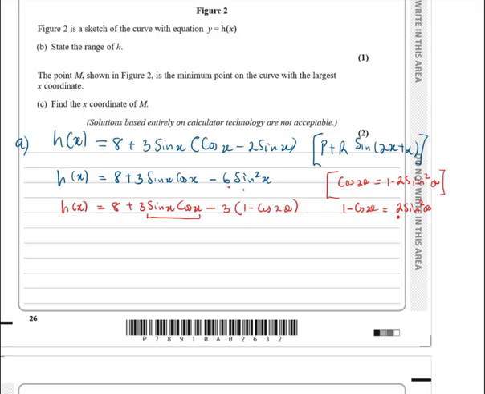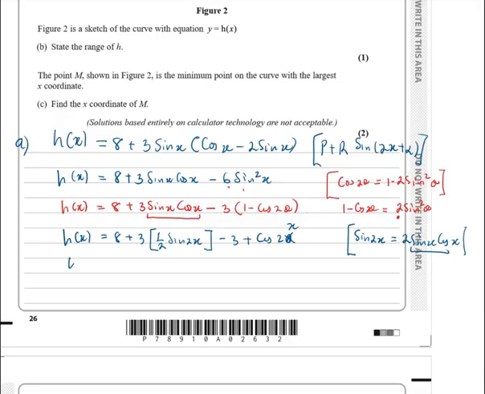Sine of 2x is supposed to be 2 sine x cos x, but what you have here is 3, so I'll put a half sine of 2x there. Now minus 3 plus cos of 2x. Why am I writing theta? It's supposed to be x.